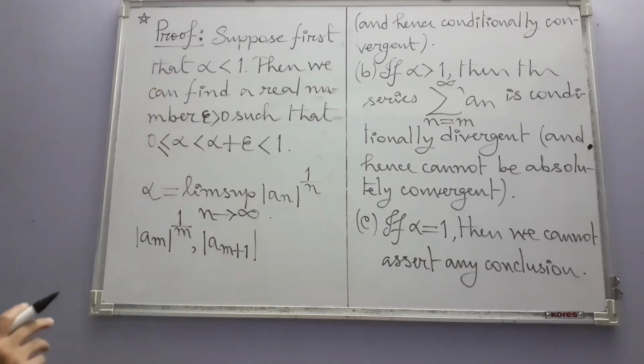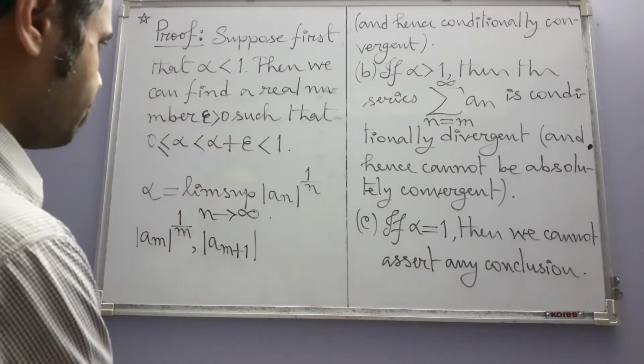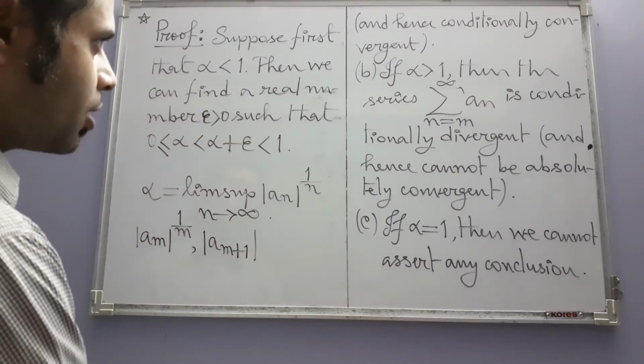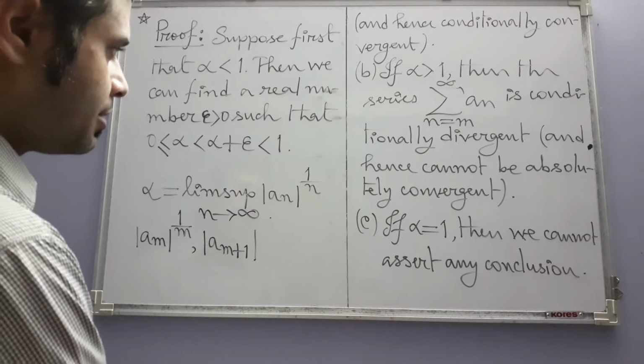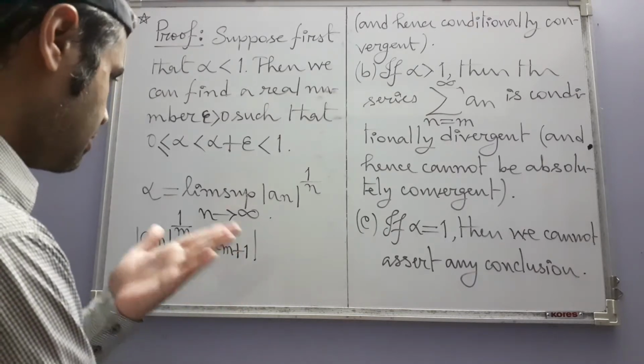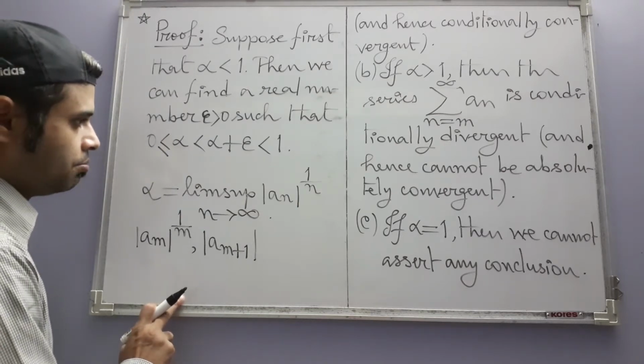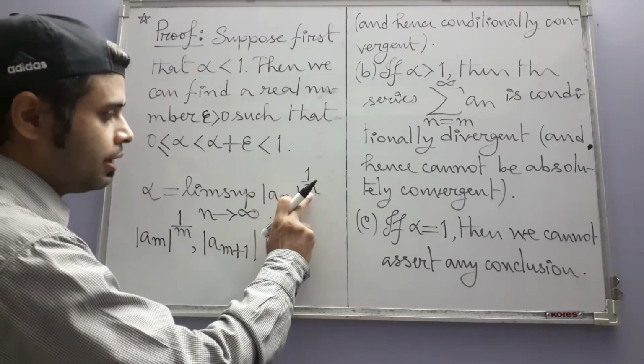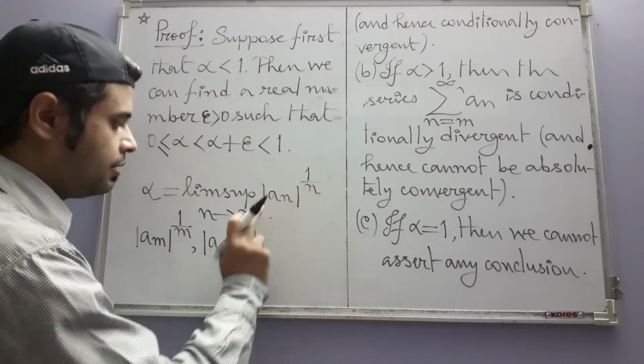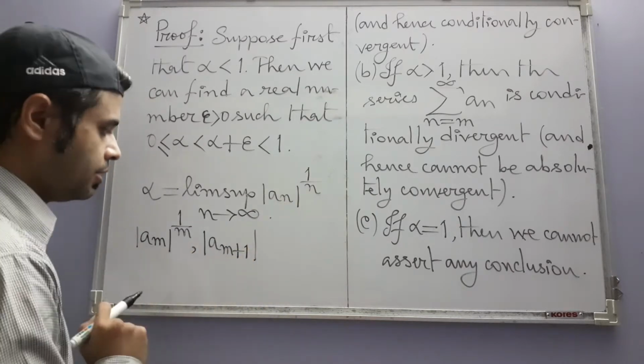Oh, okay, wait, I think I said something about this in the previous video itself. Because we are considering the nth root, n needs to be a positive integer.